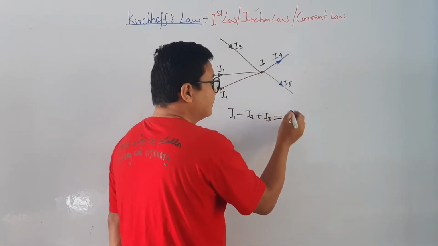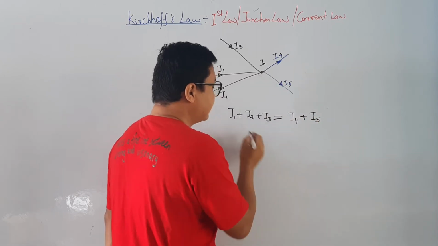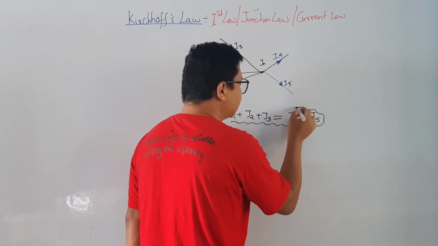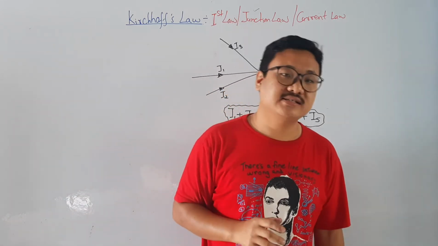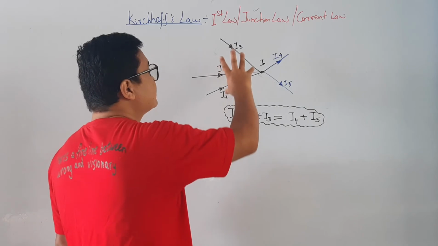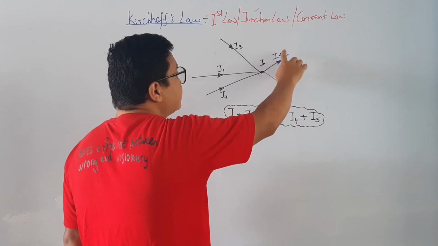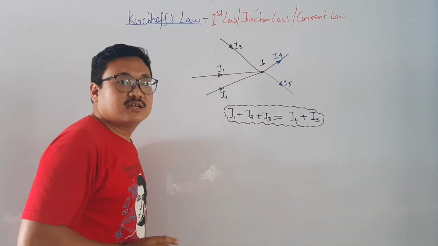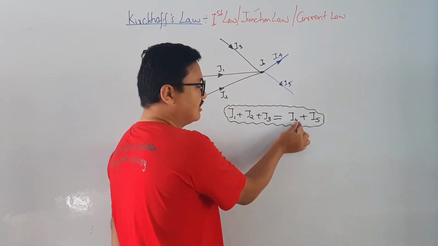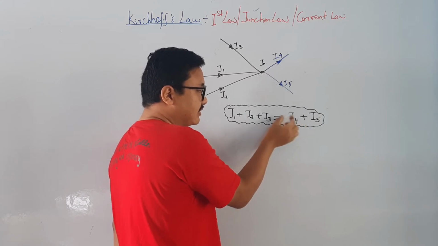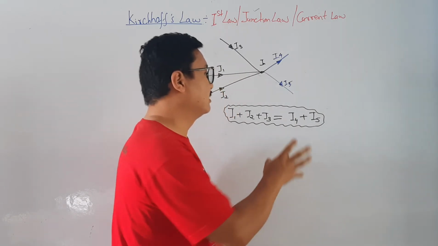They are I4 and I5, and their sum. This is the current law, the junction law, Kirchhoff's first law, which states that the algebraic sum of all the currents coming at a junction is equal to the algebraic sum of all the currents going away from the same junction, and this is the equation. In some books you may find I4 and I5 brought to this side, but that is another way, and we don't go to that one.